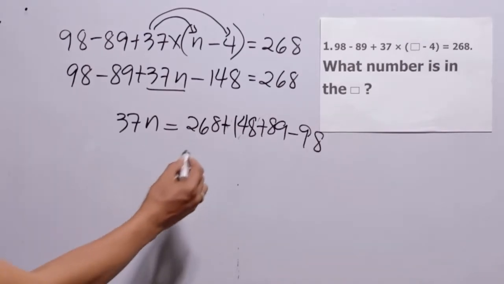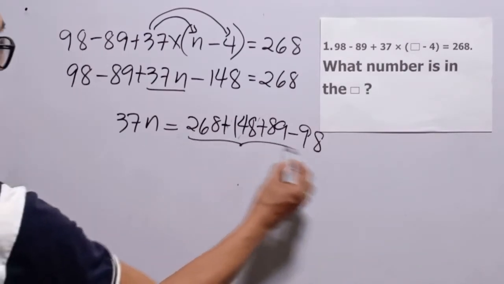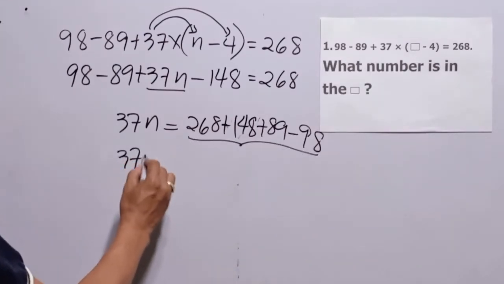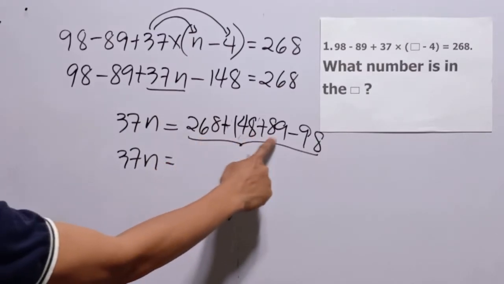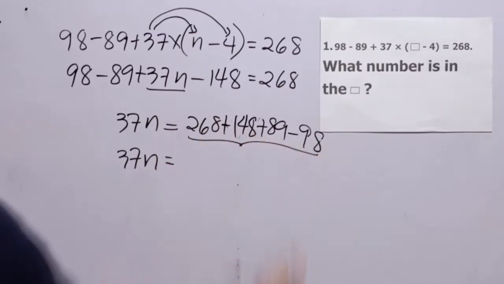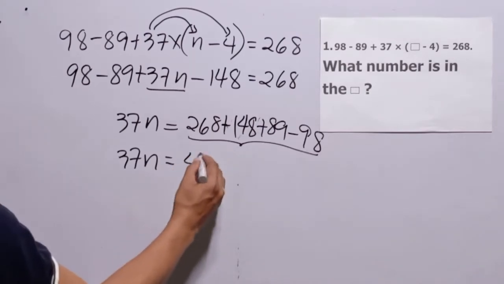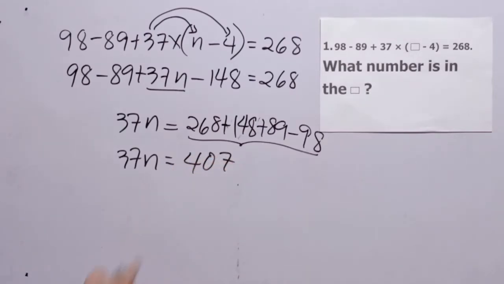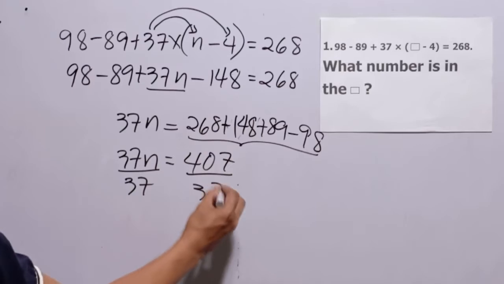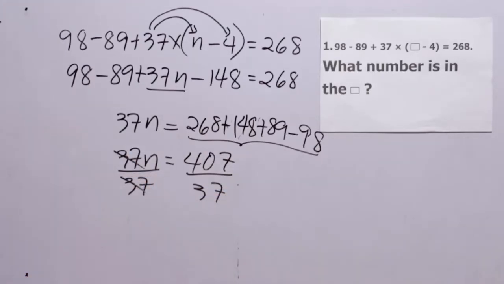So we simplify this: we add, then subtract, and that will give us 407. How to get the value of n now? You simply divide both sides by 37.